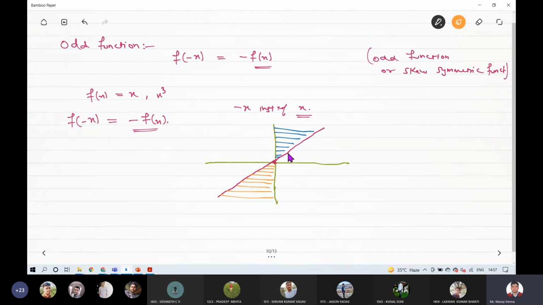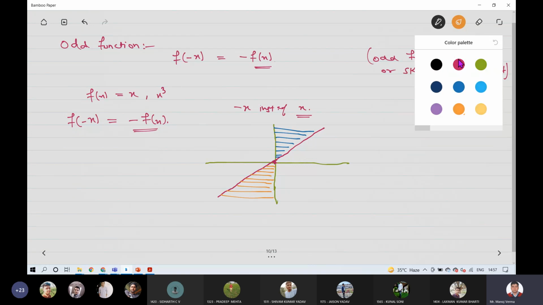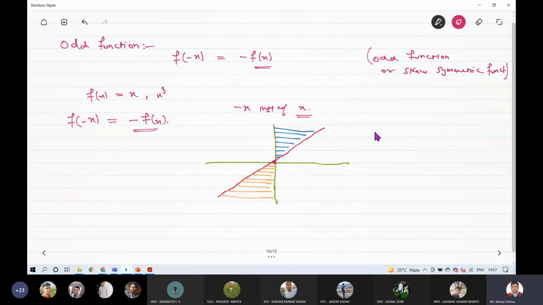The areas under the blue shaded region and the orange shaded region will be equal in magnitude, but negative of each other. So for an odd function, the area under the curve from minus pi to 0 is equal to the negative of the area under the curve from 0 to pi.